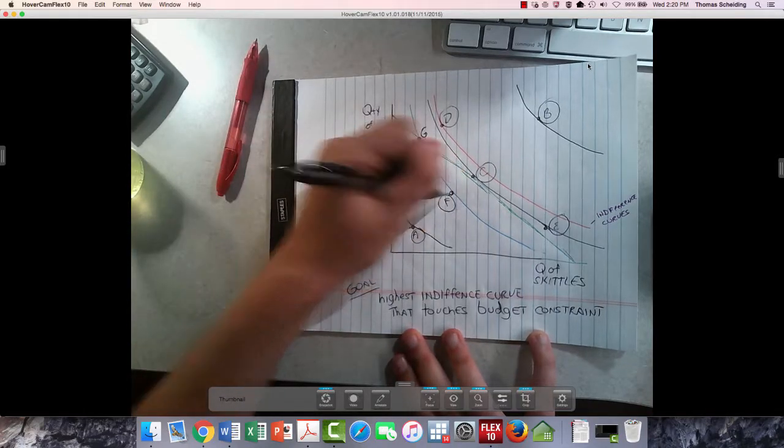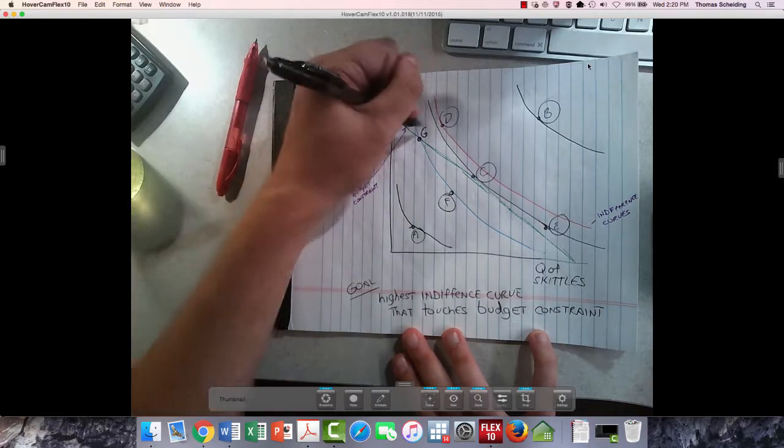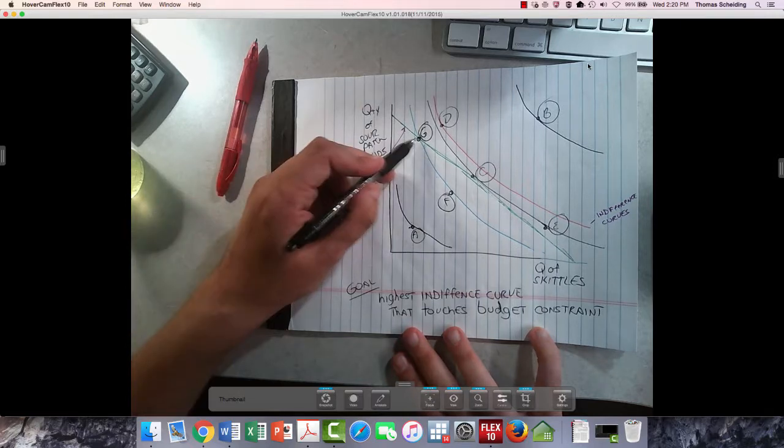If we look at F, the problem with F is that I'd have money left over. But what about G? In G, I wouldn't have any money left over. I would be spending all of my money. But the problem with G is that I could be happier.